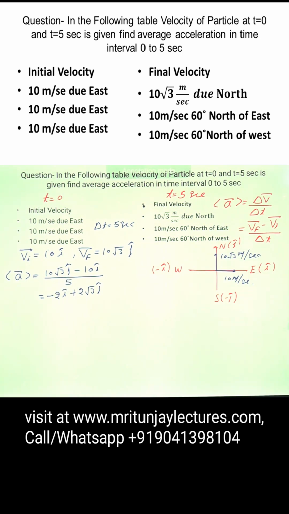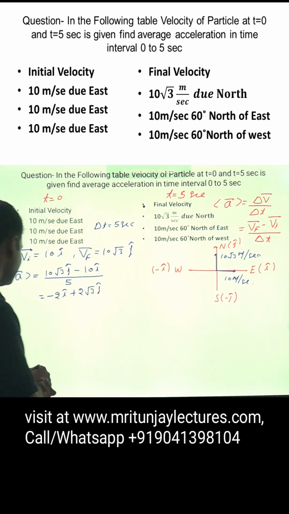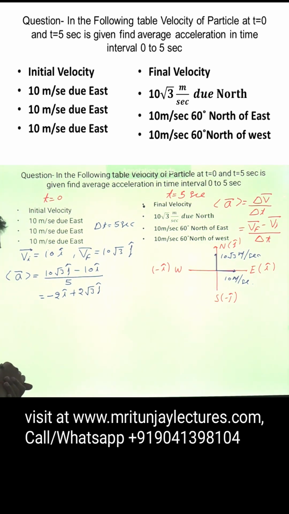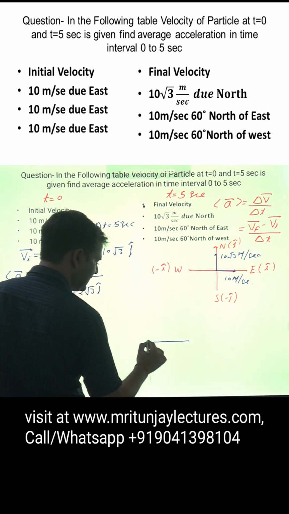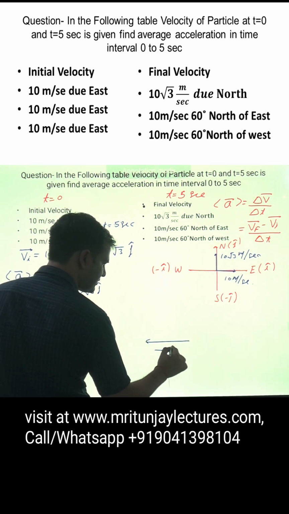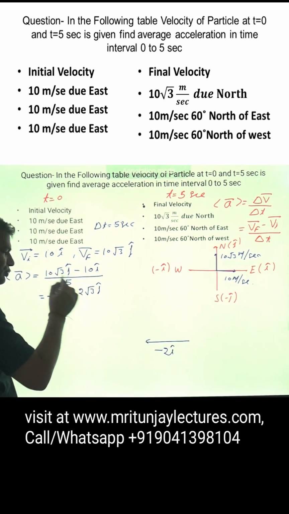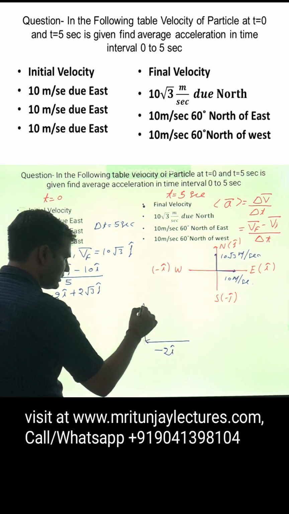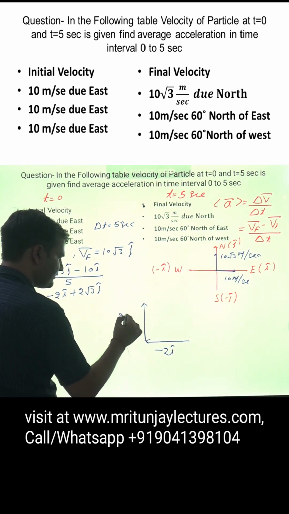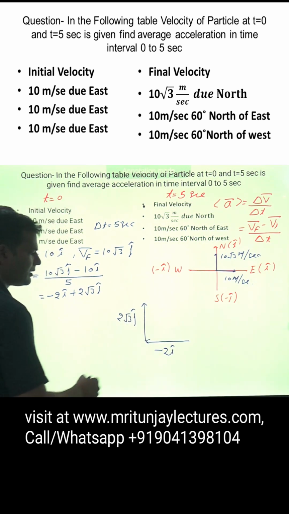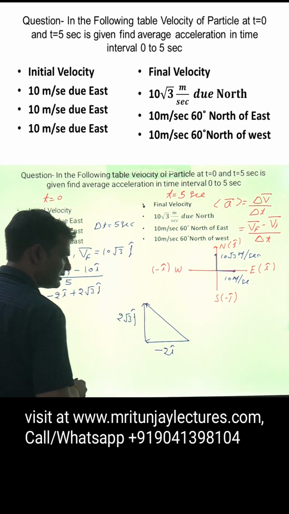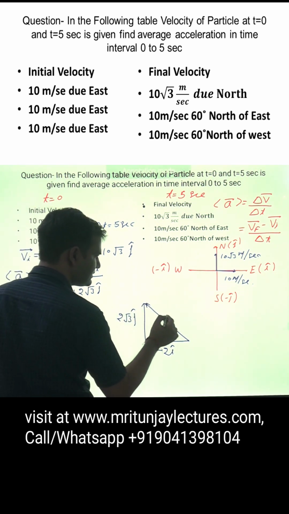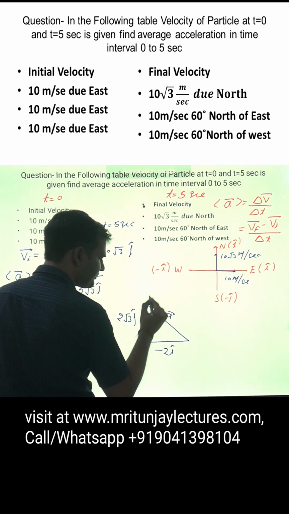After that, what about the magnitude? First of all, redraw. Minus 2 i means that direction, plus 2 root 3 j. So what about the resultant? The resultant, that one, that is a.